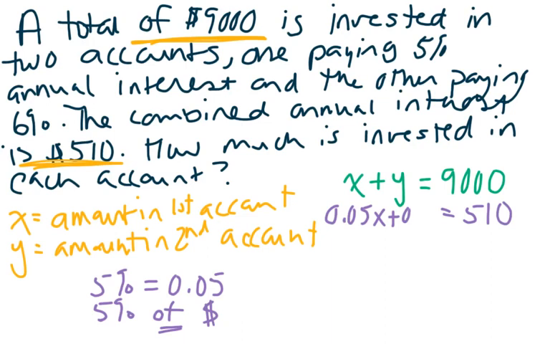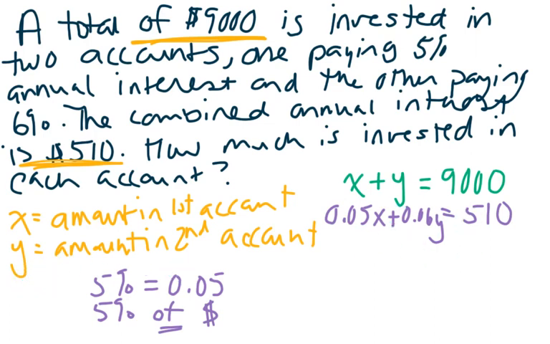The other one is the same thing except with 6%. 6% is 0.06, and "of" is multiplication, just a super useful thing to know. Then we want 6% of the amount in the second account.